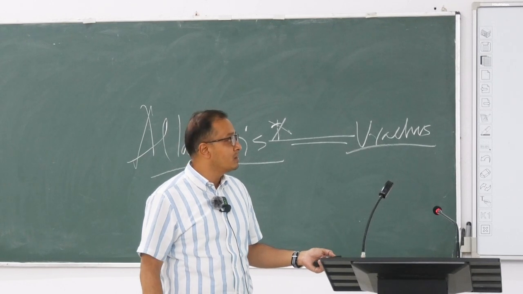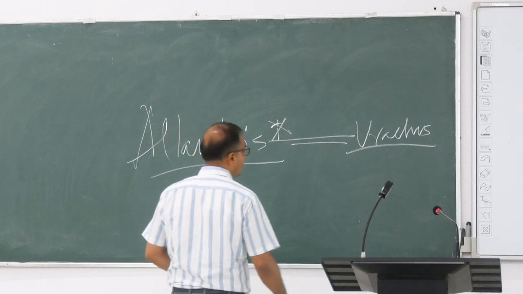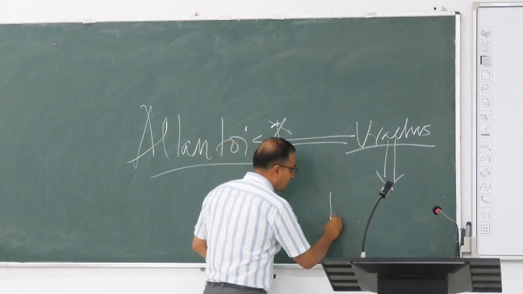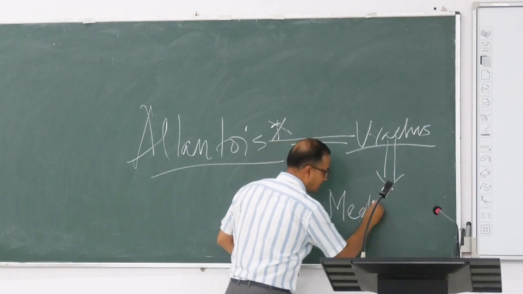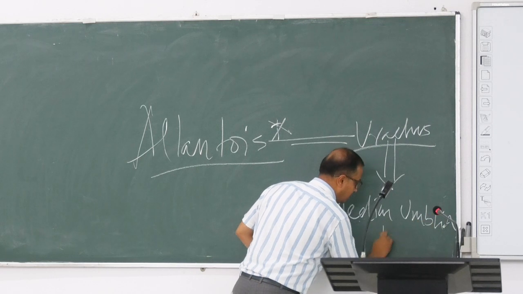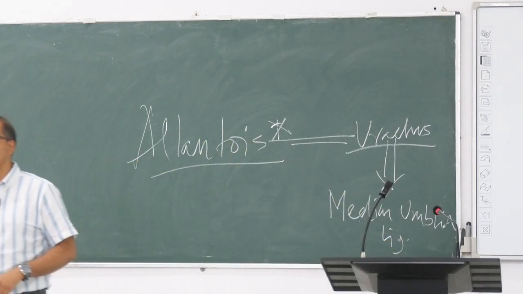When we grow, this urachus forms a ligament. We call it the median umbilical ligament. So this transformation of the allantois we have to know.